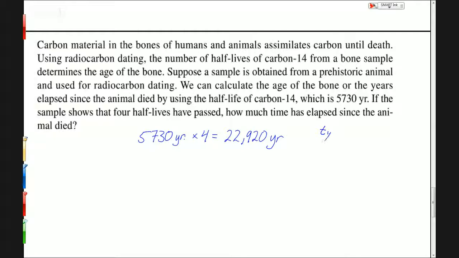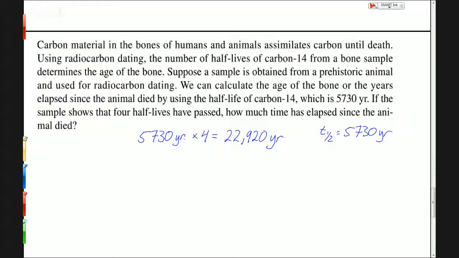So in this case, the half-life is 5,730 years. If we had 4 half-lives, we'd know that it's 22,920 years. So what does that tell you about the amount of carbon-14 in the sample compared to what it would have been when it was alive 4 half-lives ago?